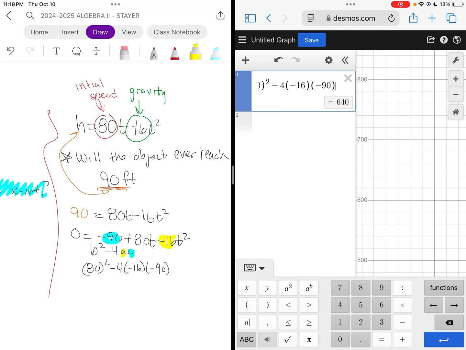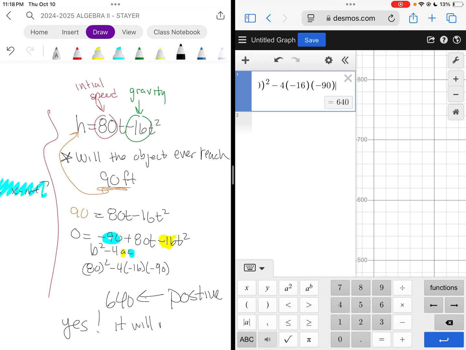See how the number that I get is 640. That's important to note because think about this. The number I got was positive. So if my number is positive or 0, then my answer is yes. It will reach 90 feet. If my answer was negative, then my answer would be no, right?